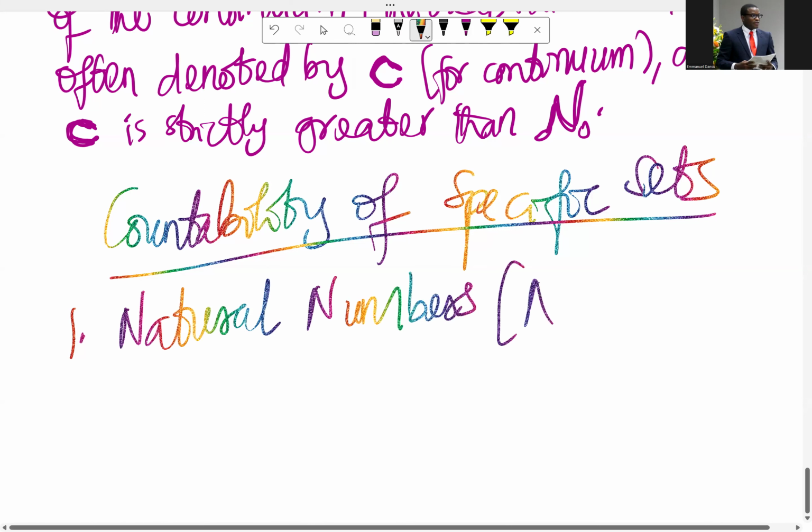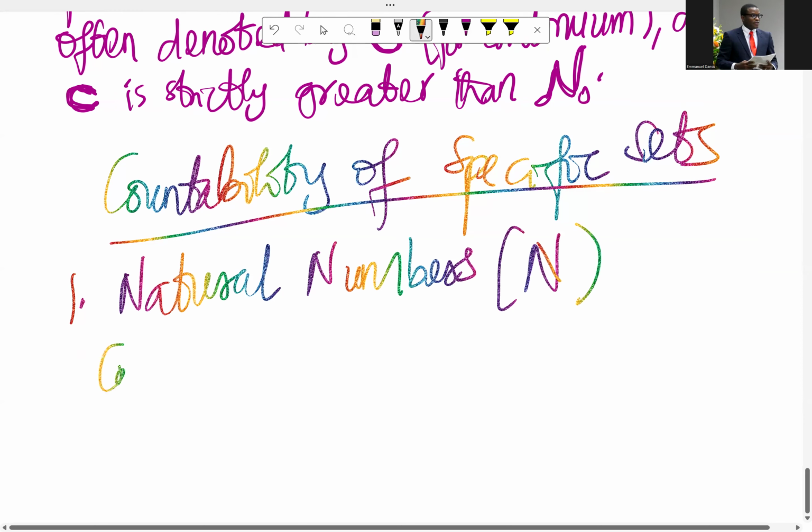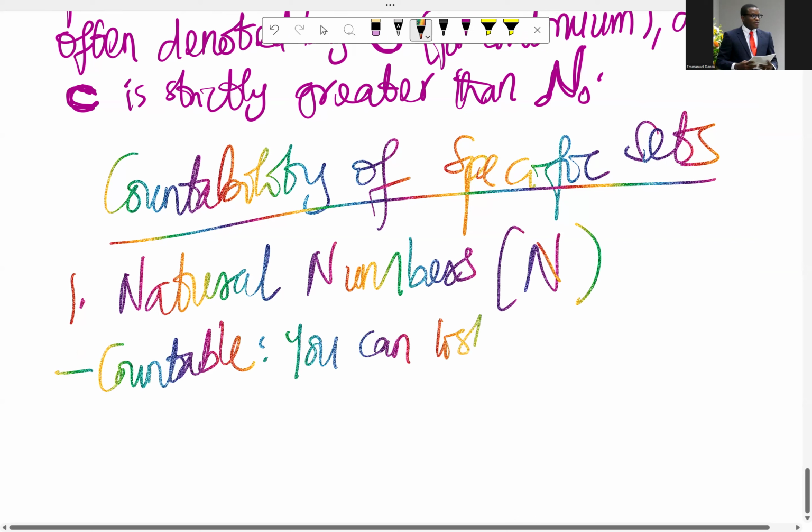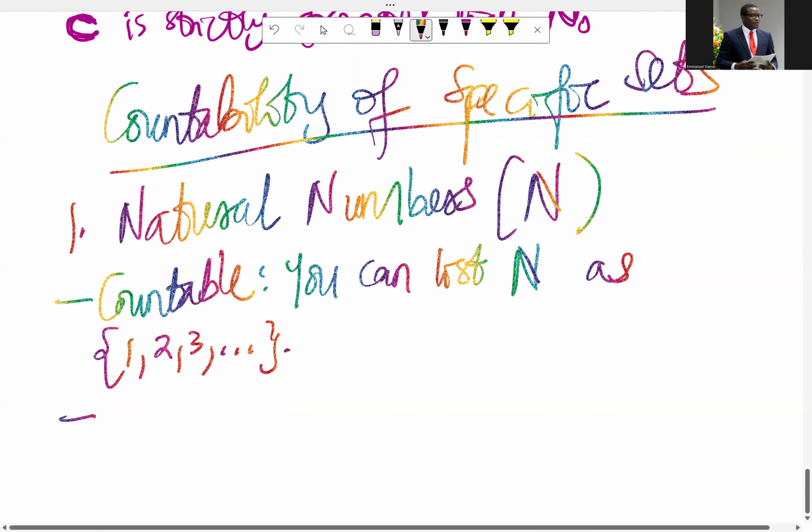Of course, we know it's countable, because you can list the set of natural numbers as 1, 2, 3, and so on and so forth. However, the cardinality is aleph null, that special N with a 0, like that.